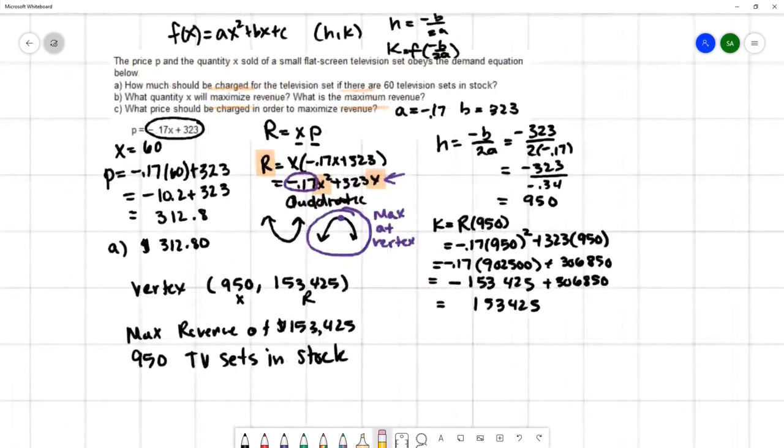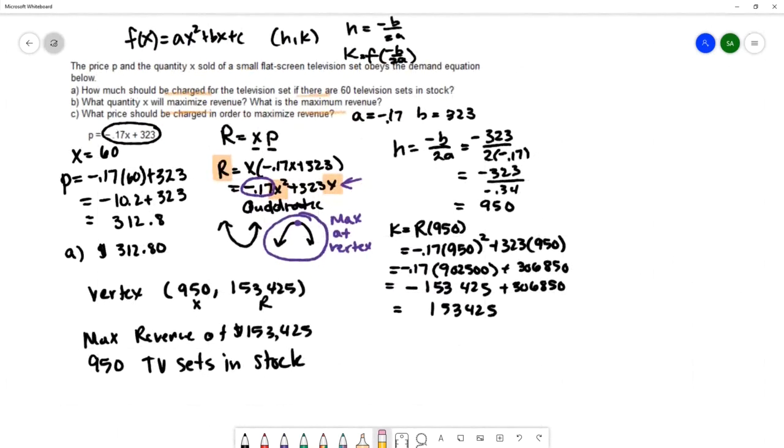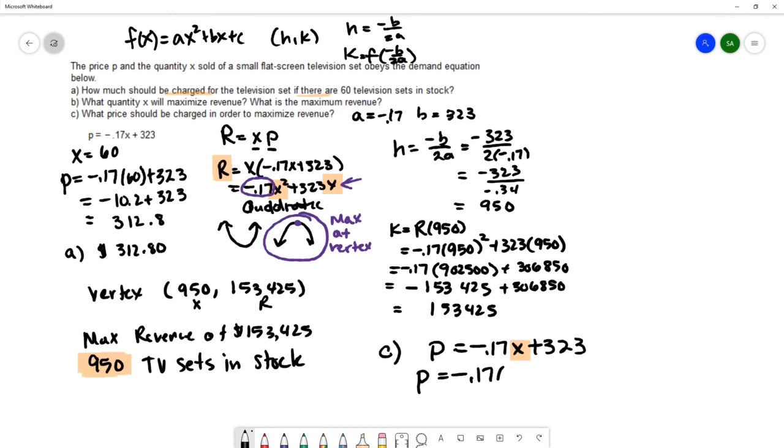So we have one more part to go. In Part C, what price should be charged in order to maximize the revenue? So price is right here using the demand equation that was given. So in Part C, we'll use that demand equation. P equals negative 0.17x plus 323. So I'm going to use this 950 as x. That was the number of television sets. Negative 0.17 times 950 plus 323.